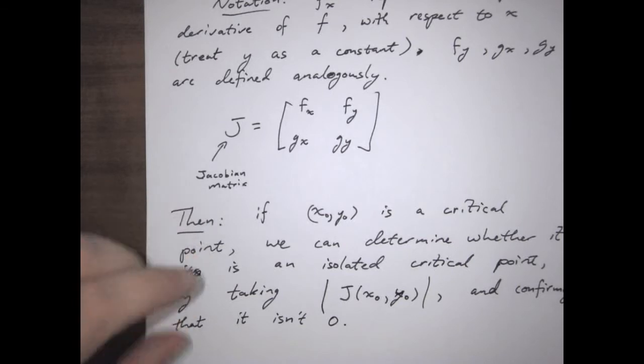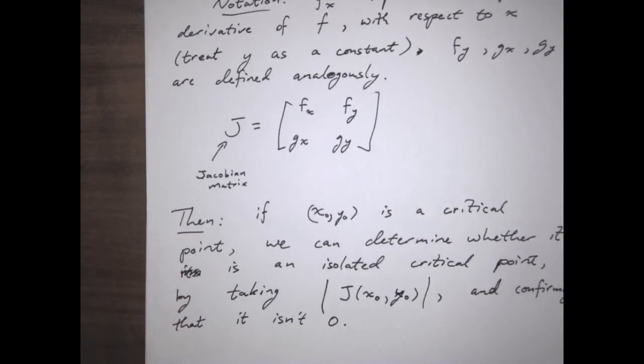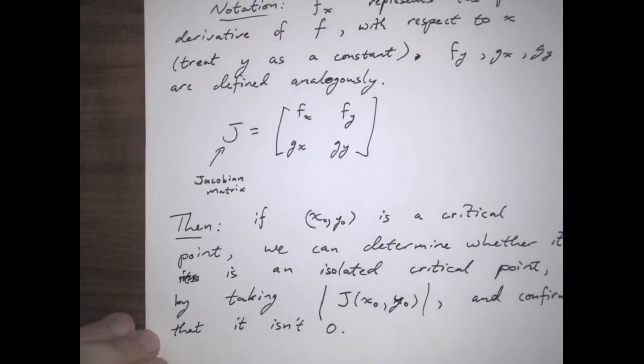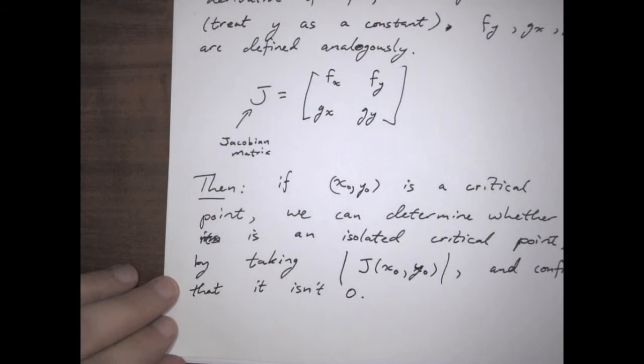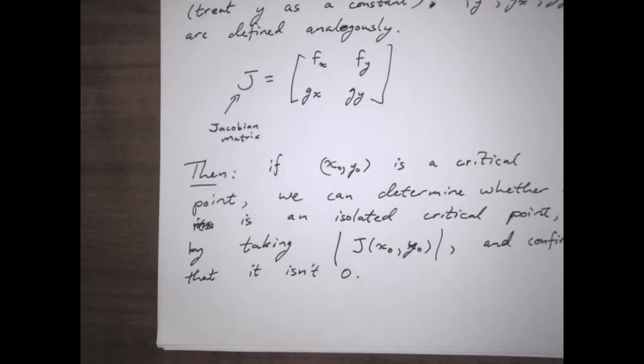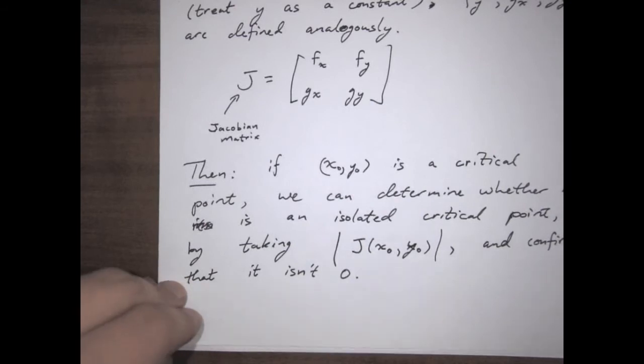Now, okay, so we can take the Jacobian determinant at a critical point and figure out if it is going to equal 0 or not. And if not, then, assuming that the functions are continuous enough, we actually can linearize the function and produce an almost linear system.